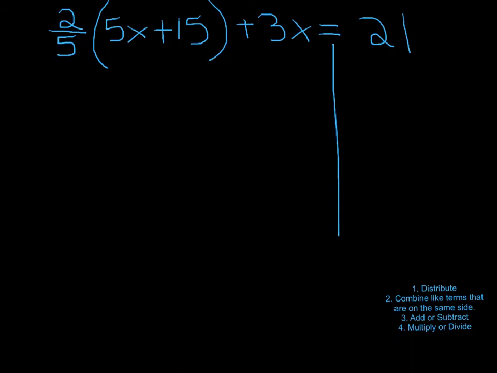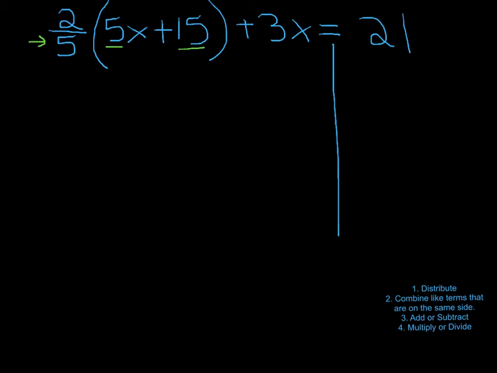Okay, now we have to distribute, and not only do we distribute a fraction. 2/5 times (5x plus 15) plus 3x equals 21. And this is actually anytime you're multiplying a fraction by numbers that are multiples of the denominator, it's really, really easy.